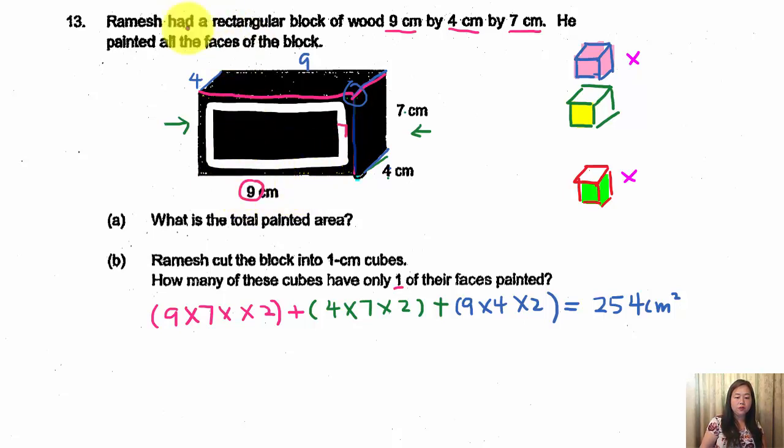So the first thing we need to do is we have to remove the corners. So it will be 9 minus 1 minus 1, which will become 7. And if we remove the two corners here, this will become 5, which is 7 minus 1 minus 1.